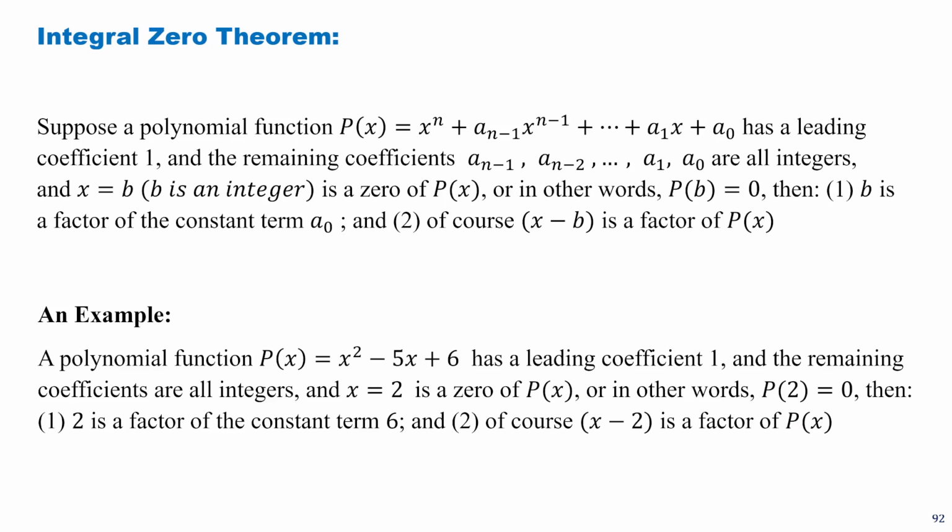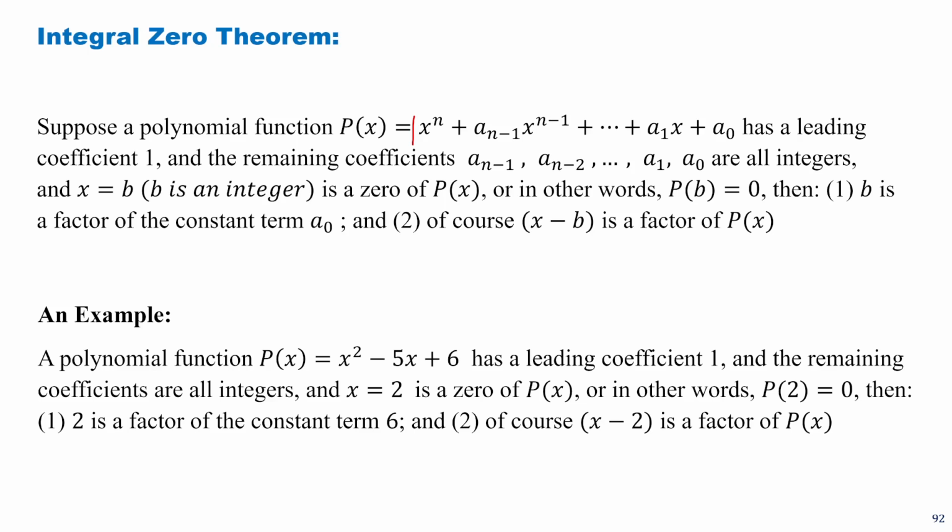The integral zero theorem states that suppose a polynomial function p(x) has a leading coefficient 1, and the remaining coefficients a_(n-1) all the way to a_0 are all integers.